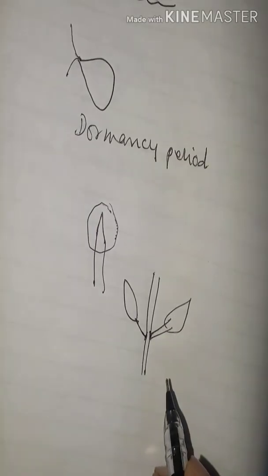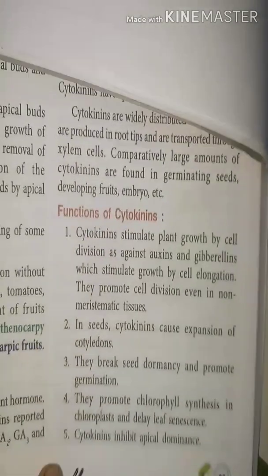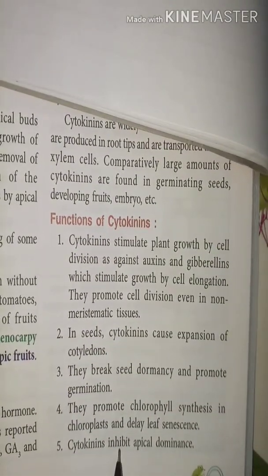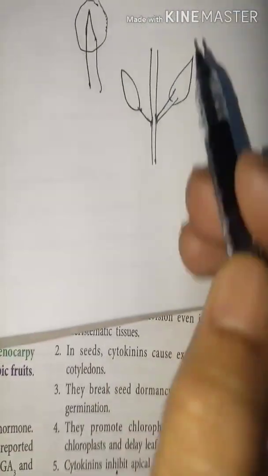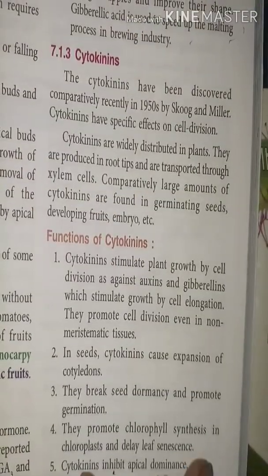Thus the plant becomes bushy in shape. That's why it is written here that it inhibits apical dominance and promotes the growth of lateral branches. More branches will appear if the cytokinin hormone is applied. Clear, all of you?